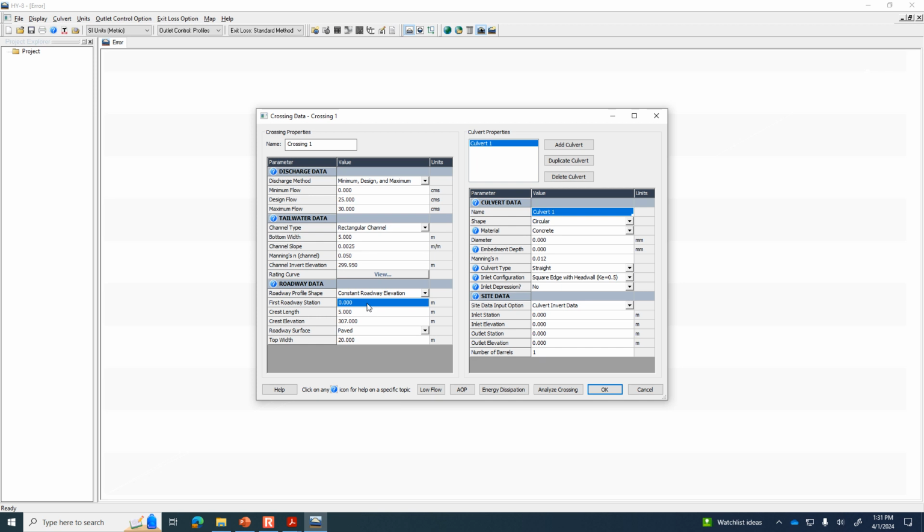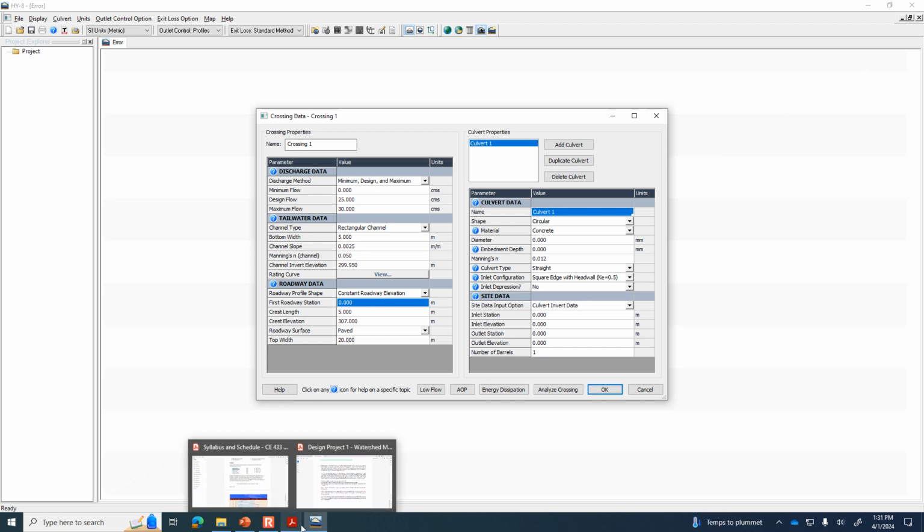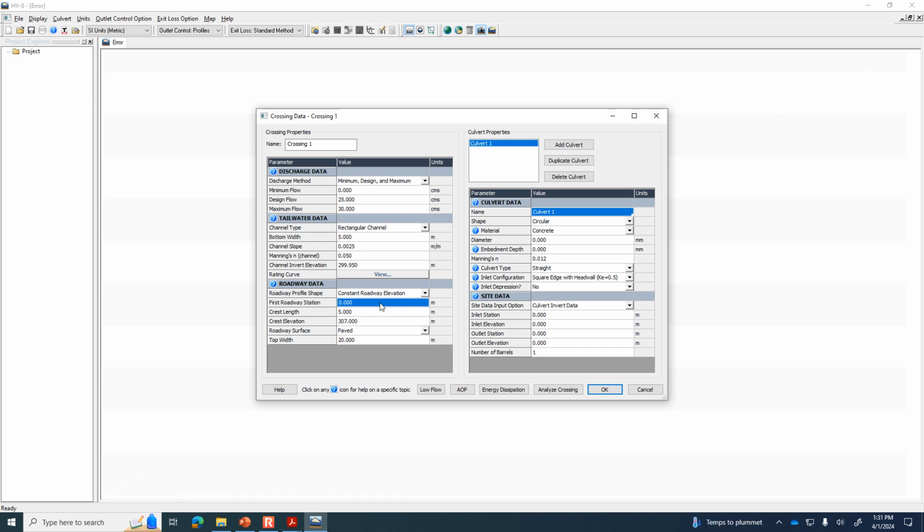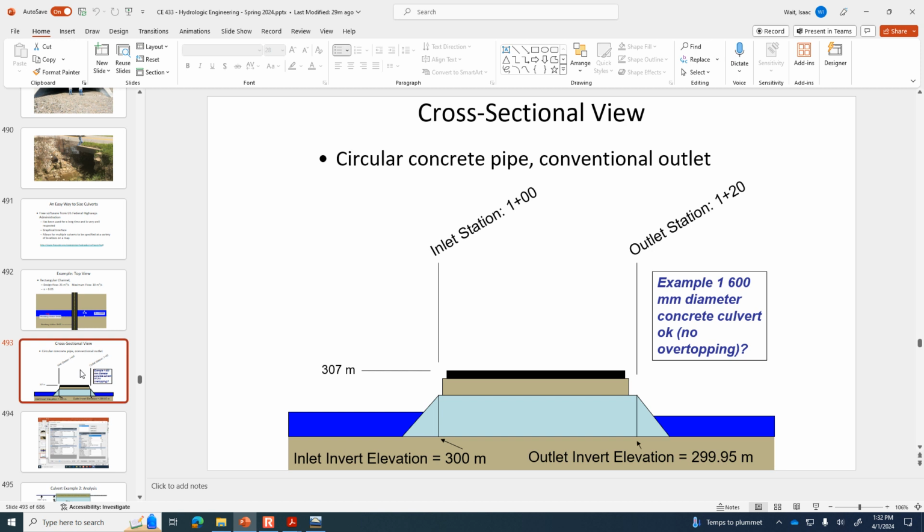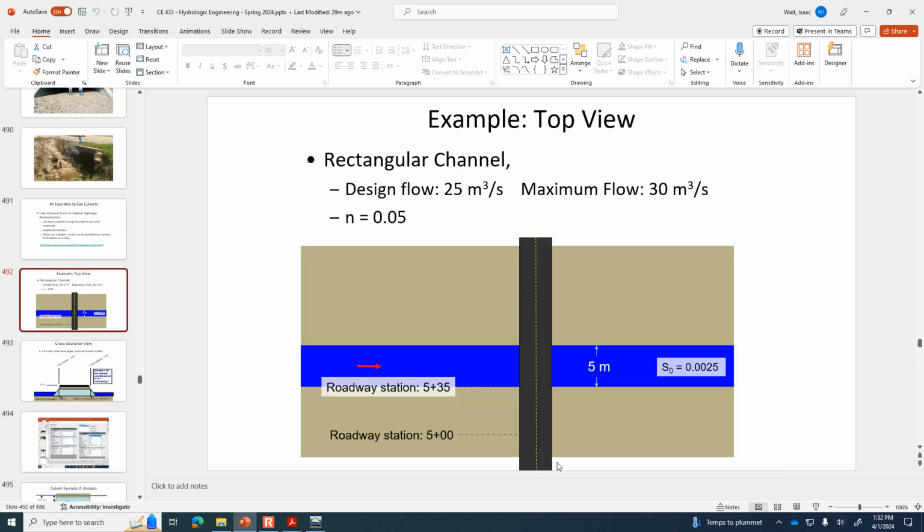And this roadway station thing here, that doesn't calculate anything. I guess maybe it's so that you could keep track of which culvert is which if you had multiple crossings. That's more descriptive than an input parameter for calculating things. If we look back at the sketch here, typically in roadway design you'd have some sort of a control point set, and then everything along the road is measured in meters away from that control point.